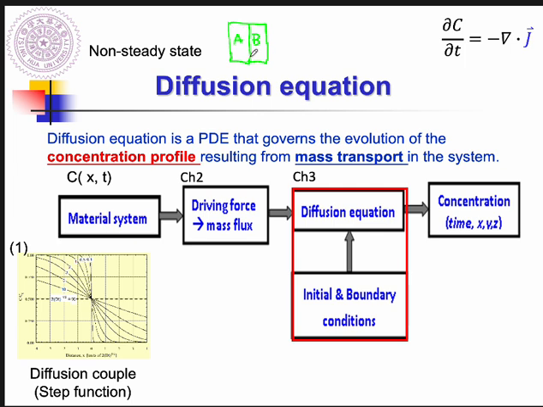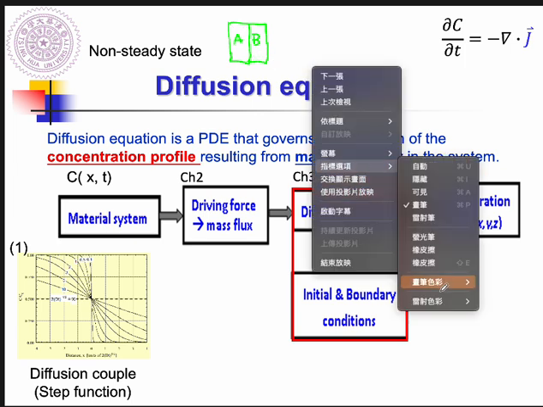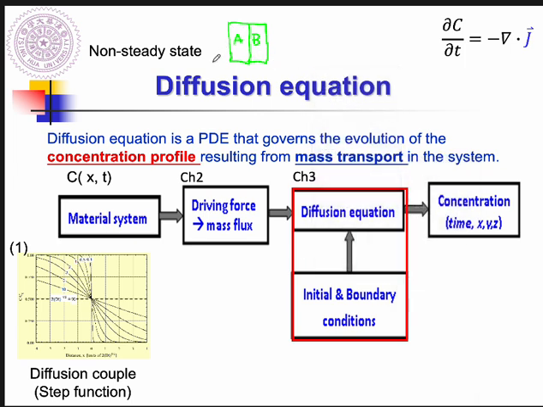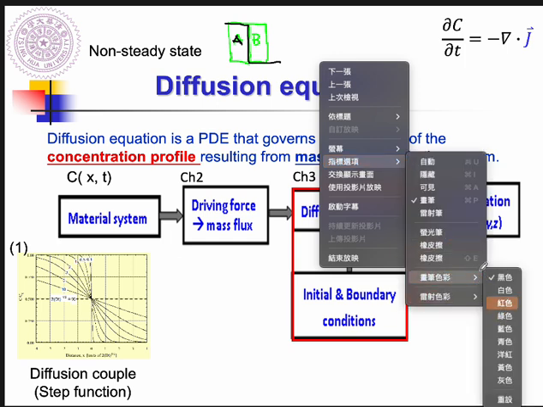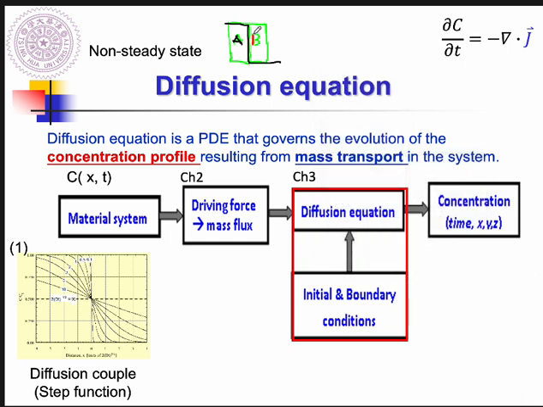Diffusion couple. So when you plot the concentration for A atoms, in B material we don't have A, right? But if you plot the concentration for B, then we don't have B in A materials.